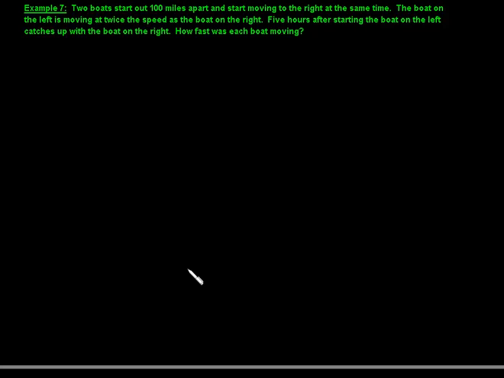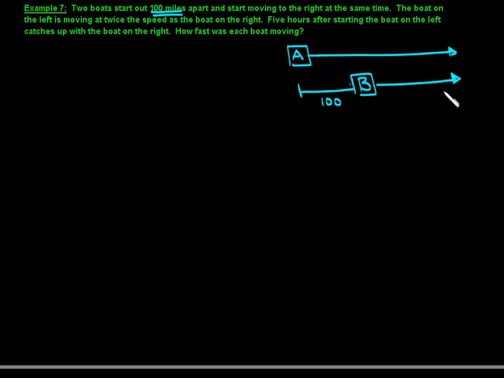Okay, so let's draw a picture to see how it is. Here is boat A, and it starts going in this direction. Then there's another boat, boat B, which is 100 miles away from boat A. So let's say boat B is here. So this distance from here to here is 100 miles.